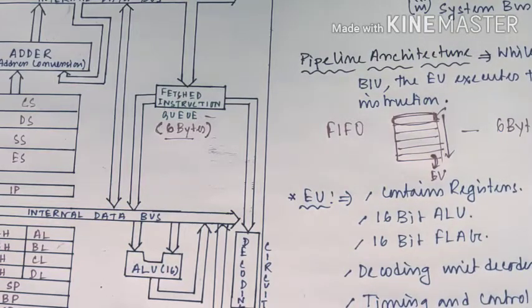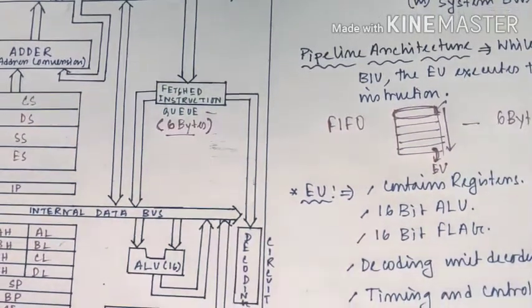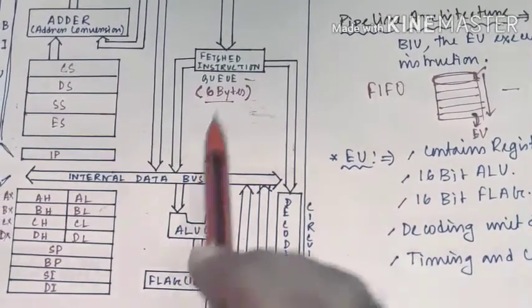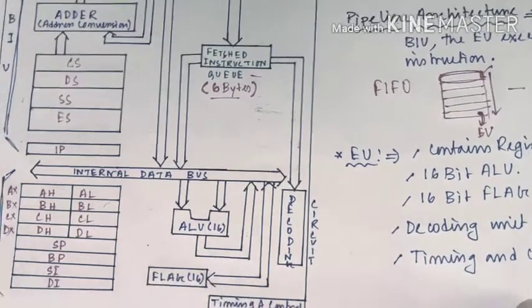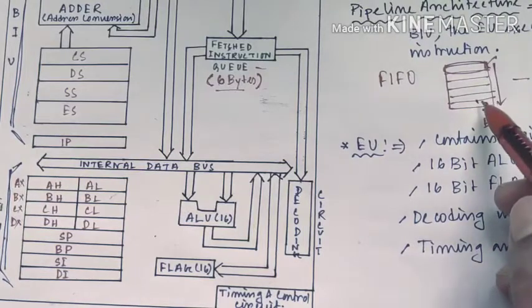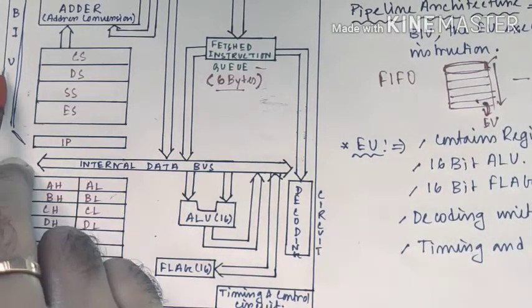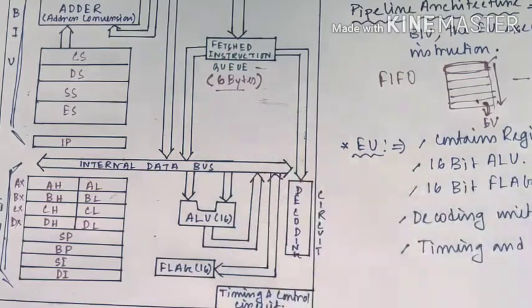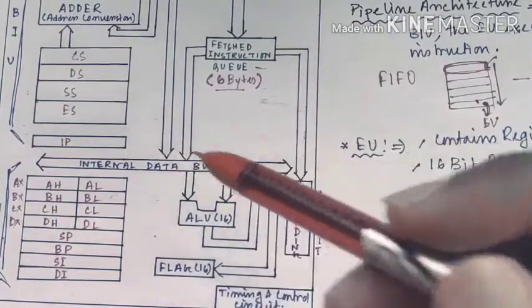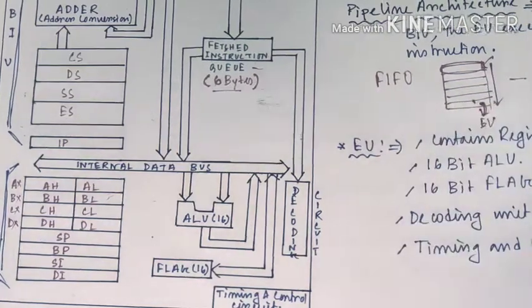During that period, the function of the higher order address bus was unspecified. So here, to improve the speed of execution, whenever the execution unit is busy executing the previously fetched opcode from the code segment memory, the bus interface unit fetches the next executable opcode that is available within the program, so that the combination of these two makes the system a little bit faster.